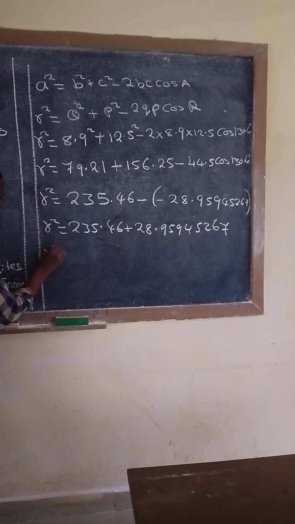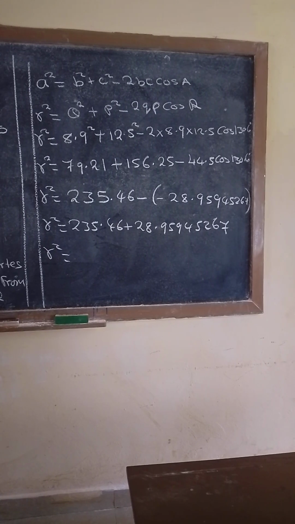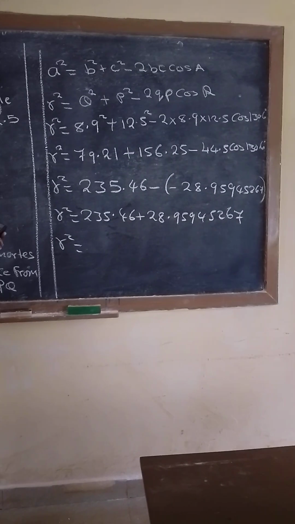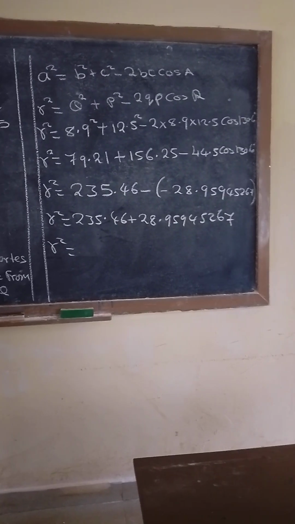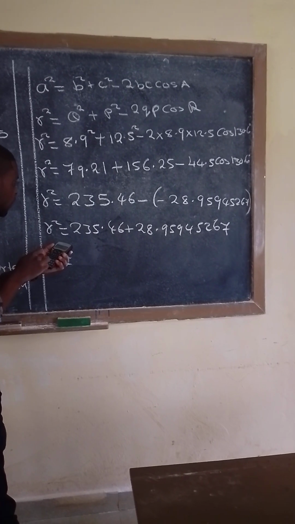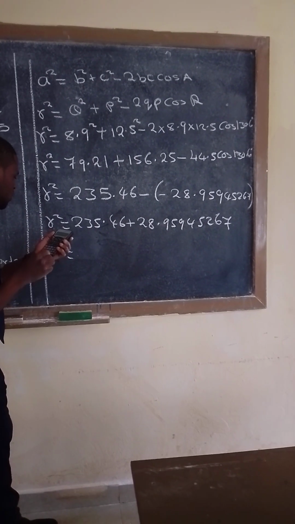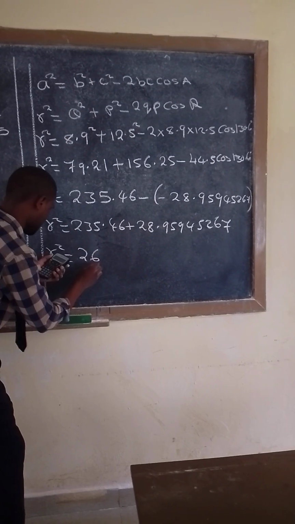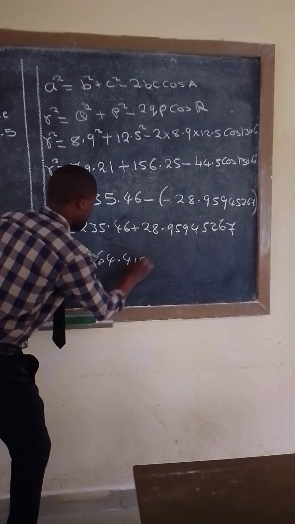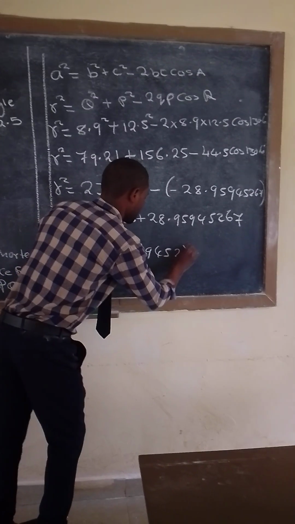Then we add: 235.46 plus 28.95945267 gives us 264.4194527.